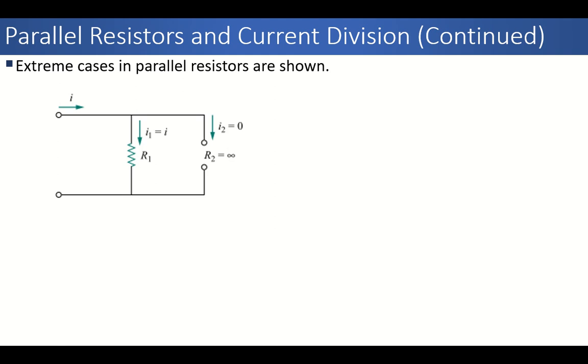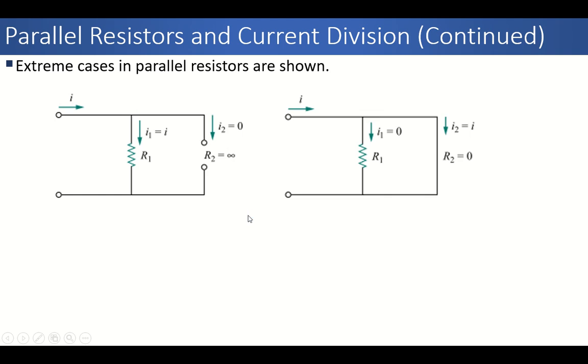You can see that in parallel resistances, if one of the resistances becomes open, current can still flow through the other resistances. Another extreme case is when one of the resistances is short circuited. Let's suppose that R2 is short circuited. It means that R2 is mathematically 0.